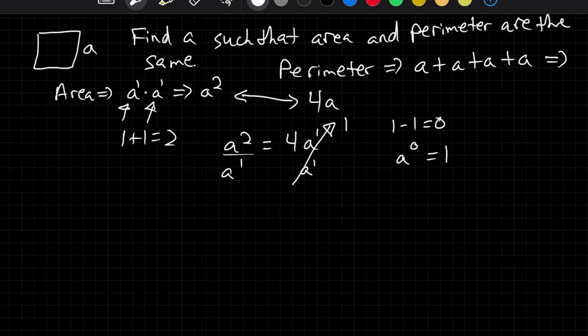So then let's look at the left side. We have 2 minus 1 for the exponents. So that's equal to 1. So what is A to the first power? Well, anything to the first power is just itself. It's like looking in the mirror. It's A. So we will get rid of this.